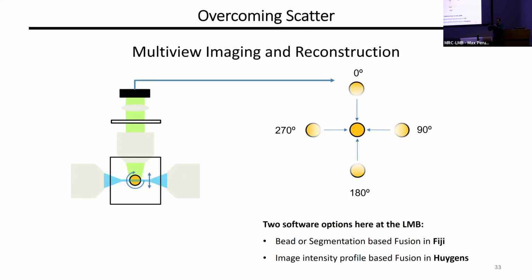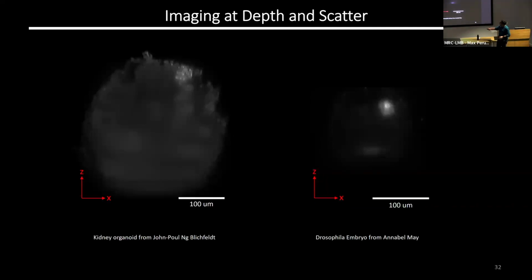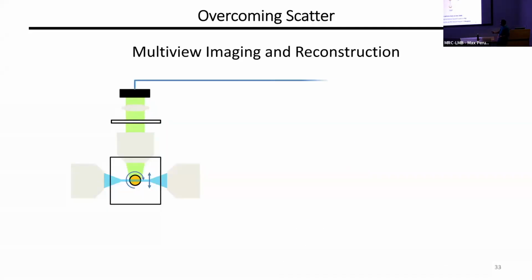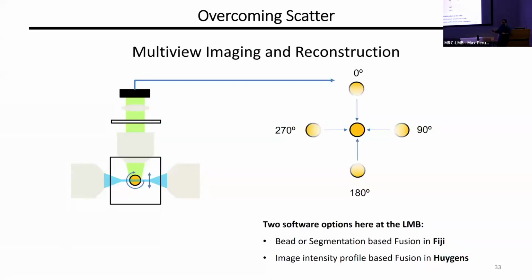So sample is here, acquisition here, rotates 90 degrees, acquisition, rotates 90 degrees, which means that you're actually acquiring from this plane and then from this plane and then from this plane, for example, which means that you solve a bit of the problem of scattering. And then the idea is that you can use different kinds of software, for example, Fiji or Huygens, to actually reconstruct all of these different acquisitions that you have from different angles.